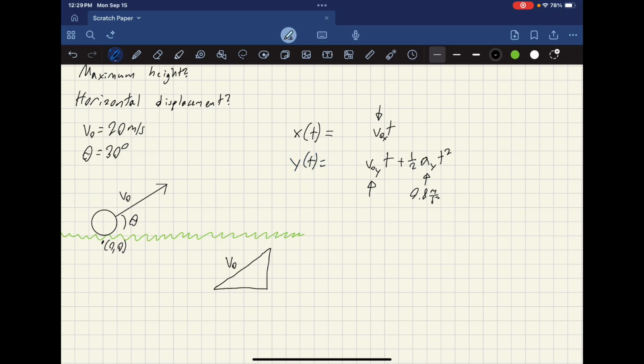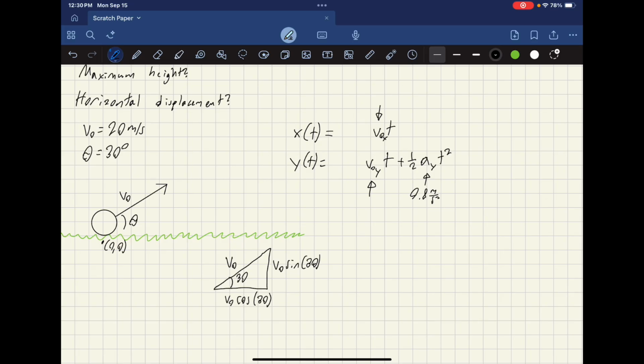So we have v naught here, we have 30 degrees here, so we know that over here is v naught times sine of 30. I like to put my v naught first. And then down here is v naught times cosine of 30.